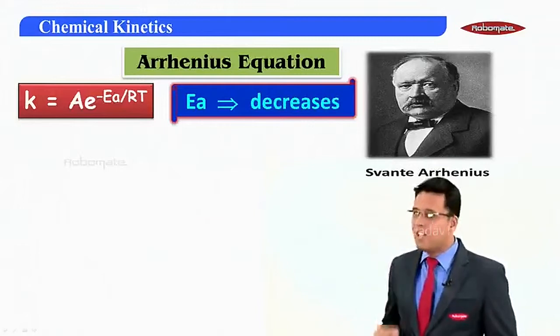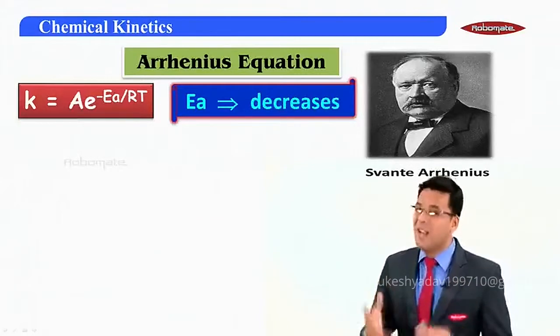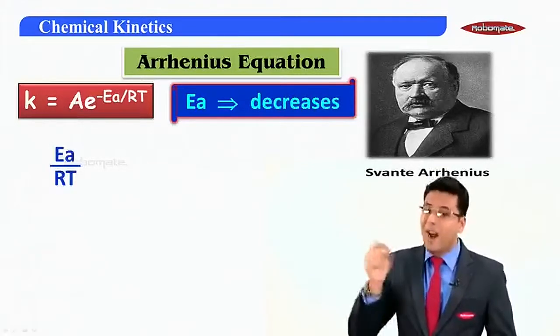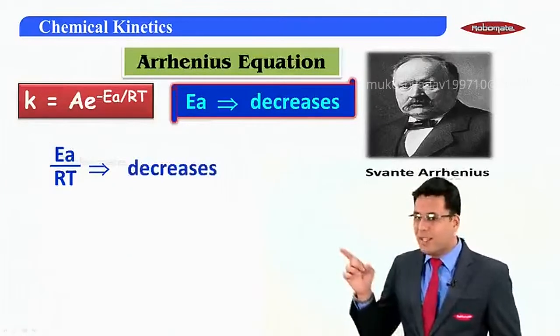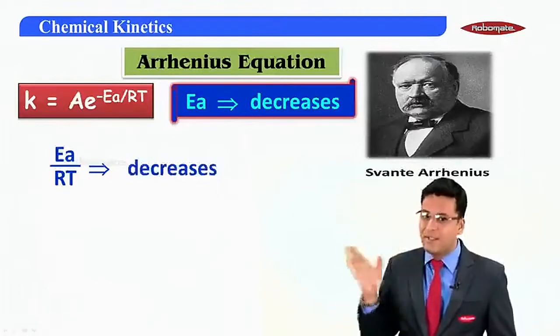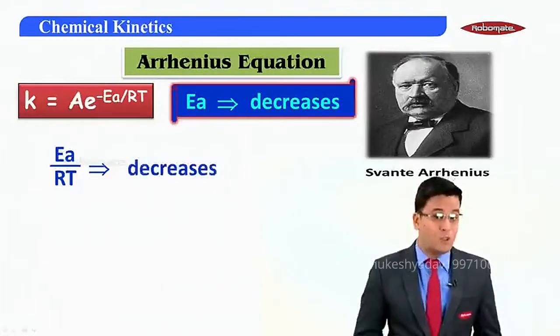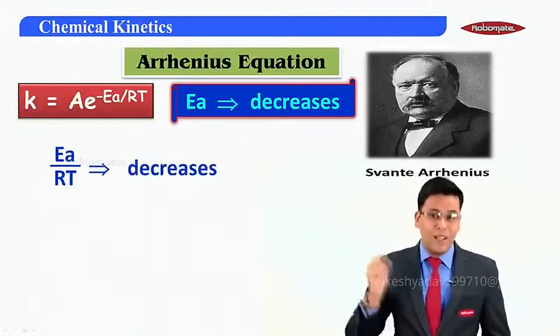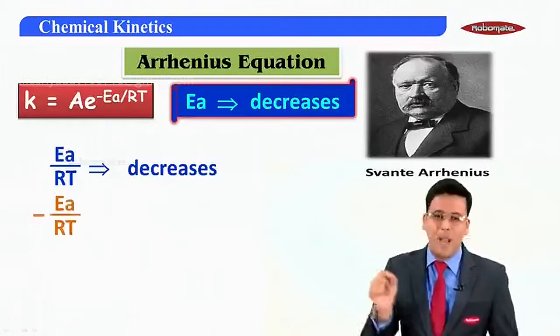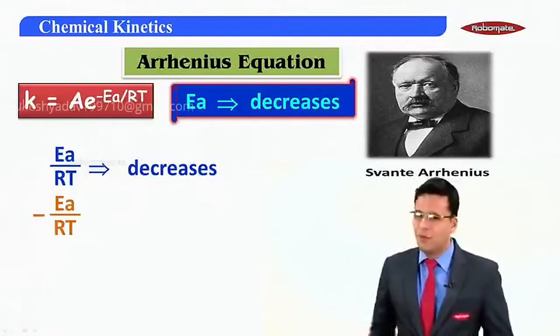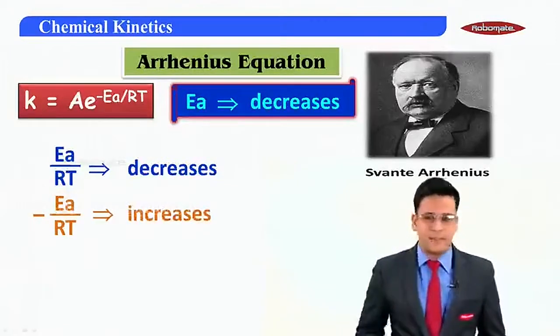When activation energy decreases, naturally, Ea/RT will also decrease, because Ea is the numerator. So if it decreases, the fraction value will also decrease. If Ea/RT decreases, what will happen to -Ea/RT? Of course, it will increase.